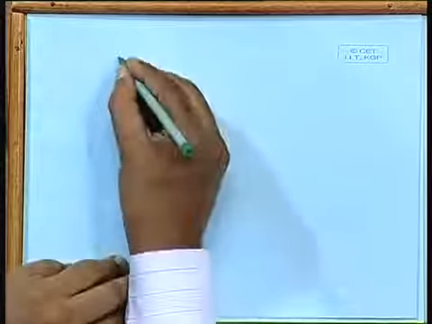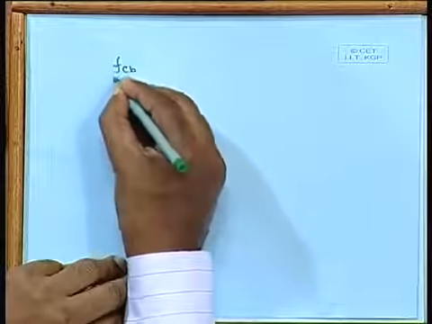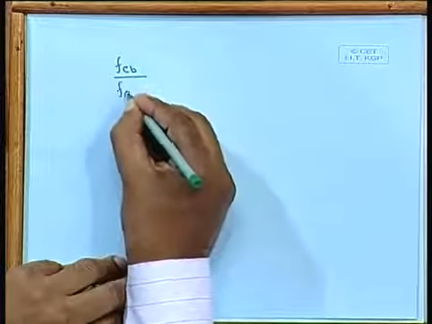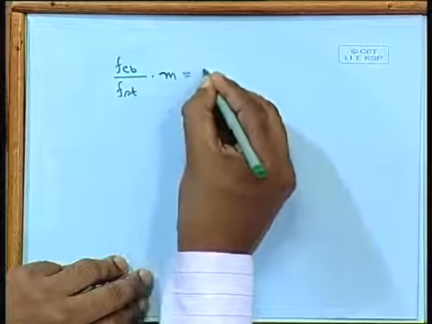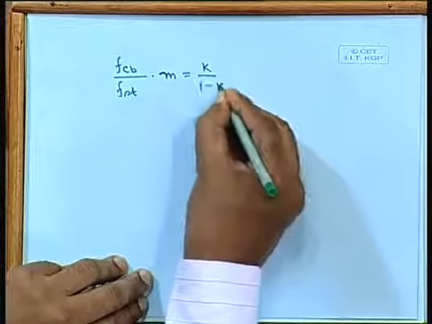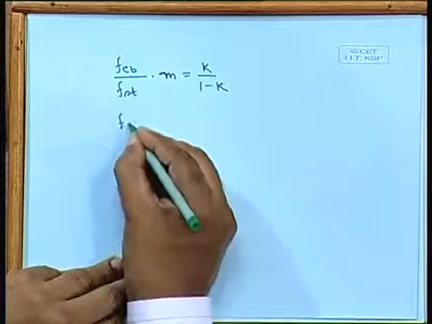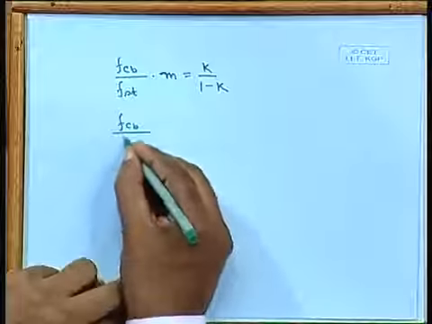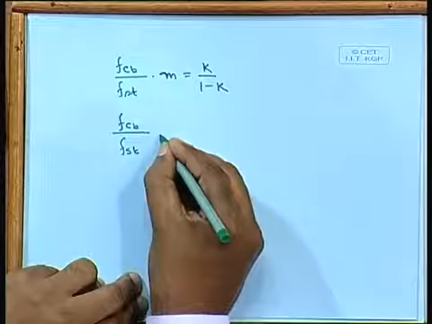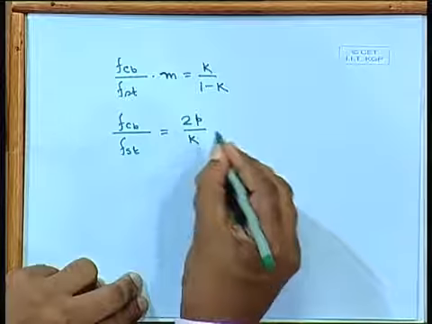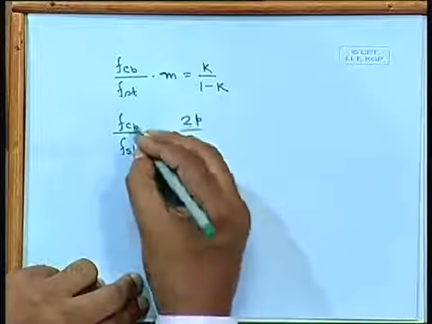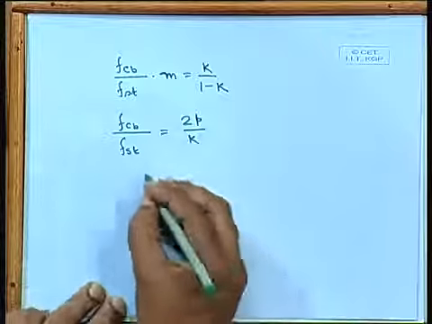So, we have almost finished. F_cb by F_st times m equal to k by 1 minus k, and F_cb by F_st equal to 2p by k, which we have already done.